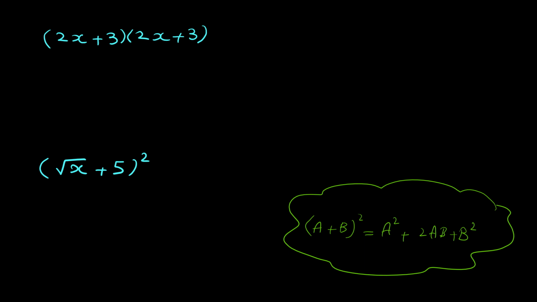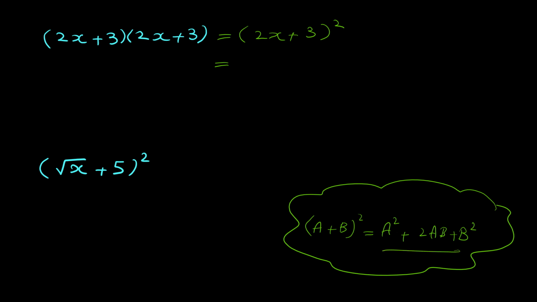So immediately here we say, okay, this is like 2x plus 3 to the 2. And for raising an expression with two terms, a binomial, to the power of 2, we use this identity. If you like, simply multiply term by term, and the answer at the end would be the same.